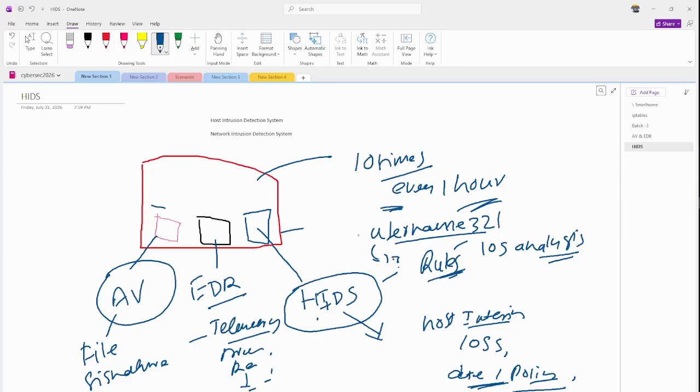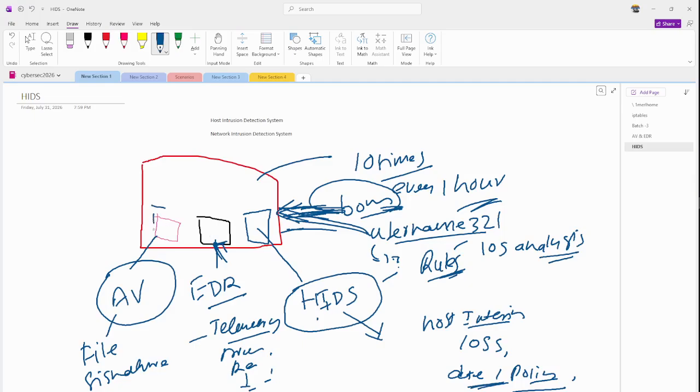Every 60 minutes he is trying to log in here. So EDR will not see it as a response. The user is a legitimate user, he is coming.